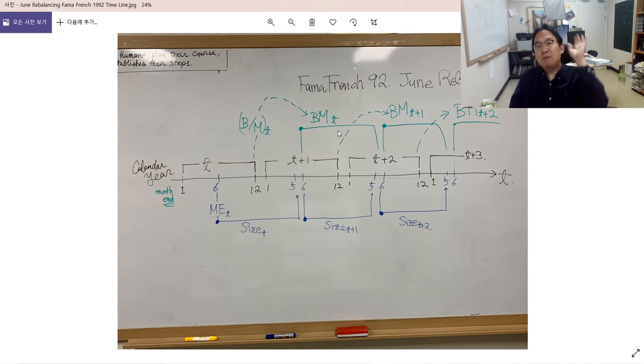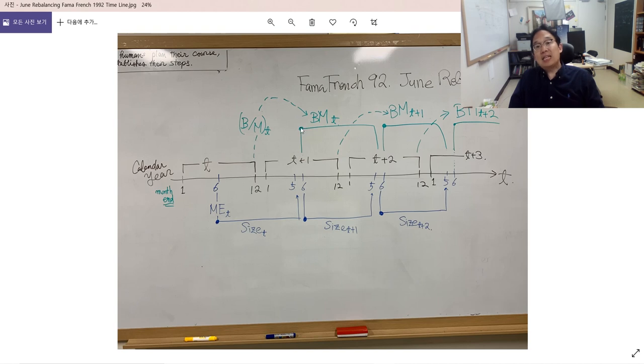Don't get confused. People get awfully confused at this point, all right? We just give enough time, about 6 months before this gets observable. That book to market ratio, numerator and denominator, is commonly as of December 31st.